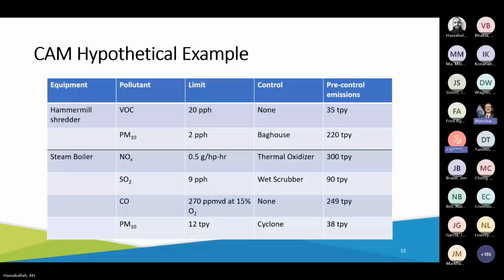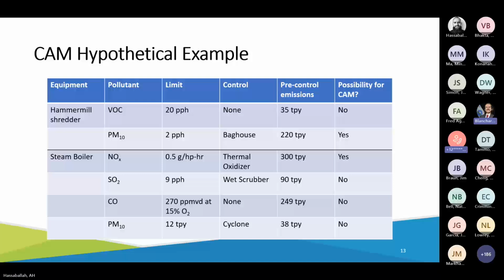For carbon monoxide, we do see that the emissions are greater at 249 tons per year, but they don't use a control device, so CAM would not be applicable here. In PM10, while they do have a control with the cyclone, the pre-control emissions are lower than the major source threshold, so CAM would not be applicable.